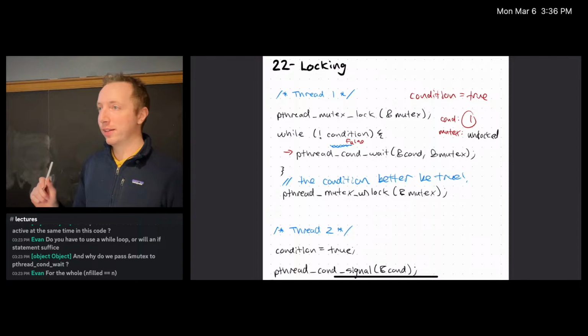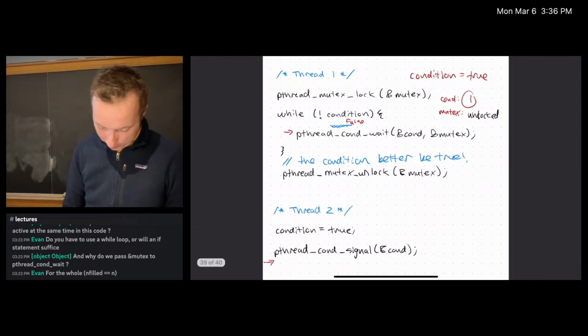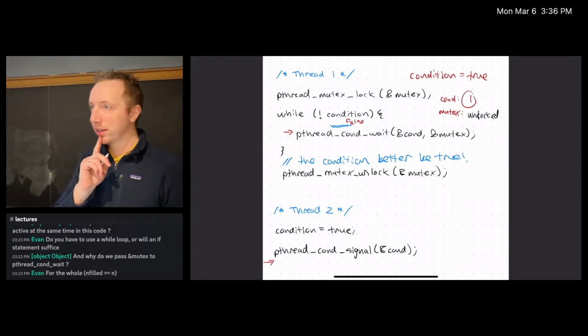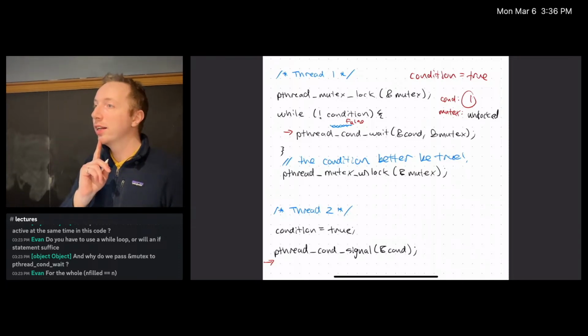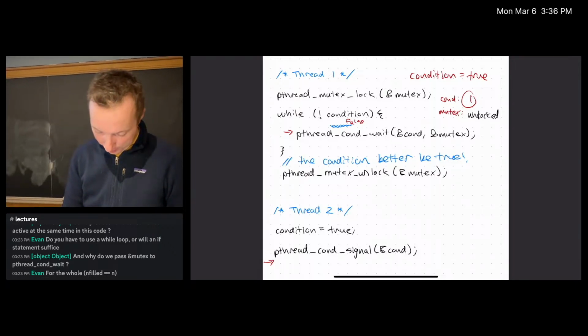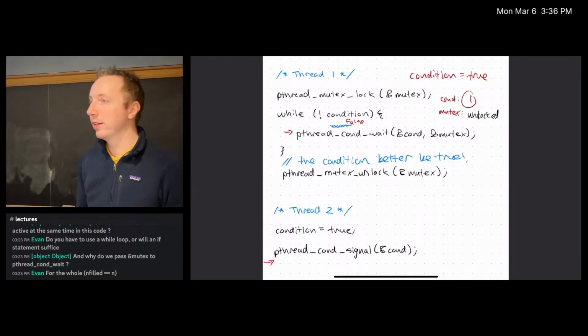Yeah, I could add a mutex to thread 2. Where do I need my mutex? When I set it to true, okay. When I set it to true, where do I need a lock then?